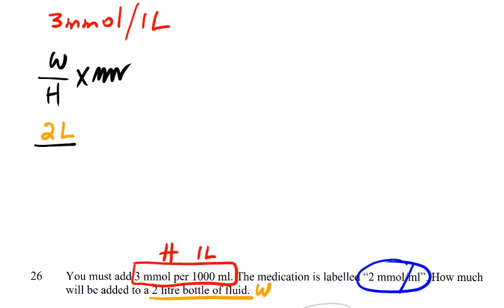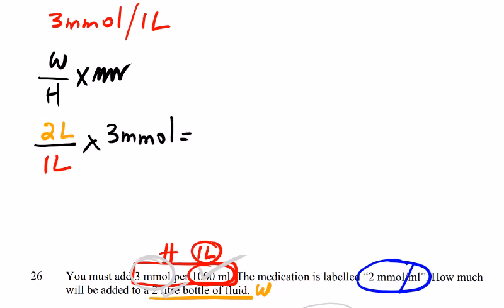Our have has to include liter, so that will be the 1000 mils, which is 1 liter. And we multiply by the third number. We need to now use the 3 millimole. So times the 3 millimole.